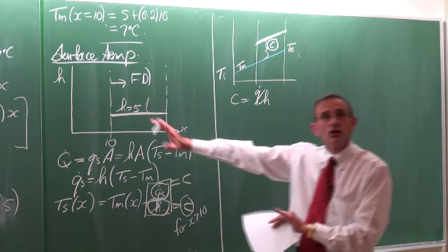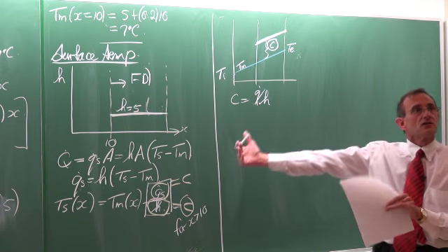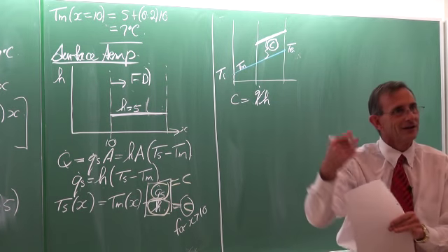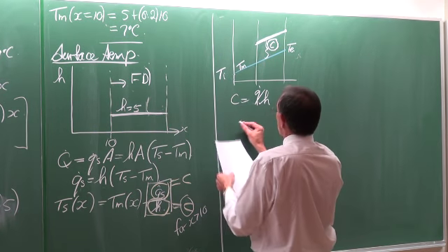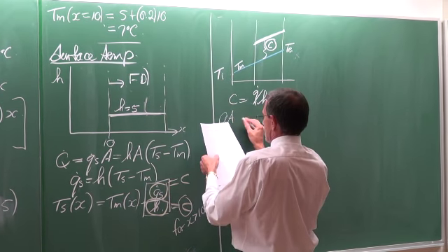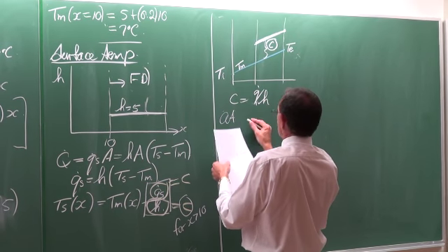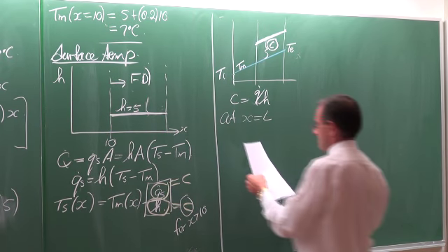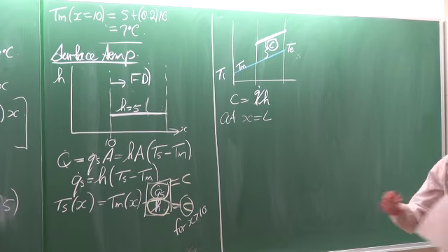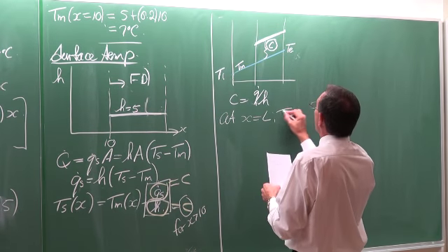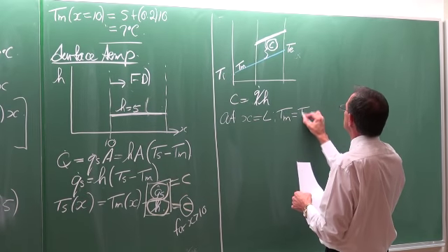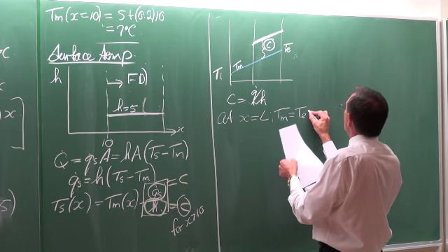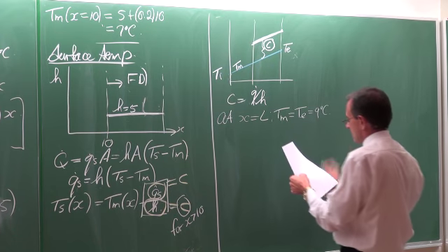Okay, but let's not go into the calculations. Let's do practical calculations, because that is the purpose of this problem. So what we can say now is, let's consider at x equal L, our mean temperature of the fluid is equal to the outlet temperature, and that is equal to 9 degrees Celsius.